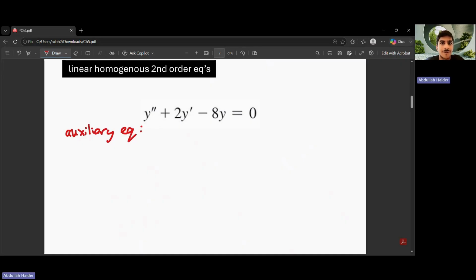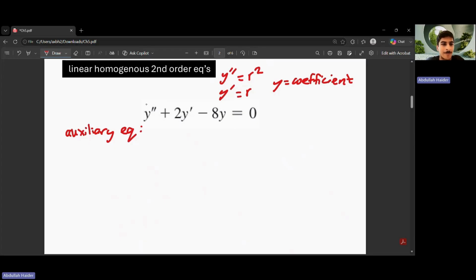In the auxiliary equation, you consider y double prime as r squared, y prime as r, and y is whatever the coefficient is beside it. Whenever you are asked to find the homogeneous solution, we always find the auxiliary equation, which is this equation in terms of r squared and r and the coefficient.